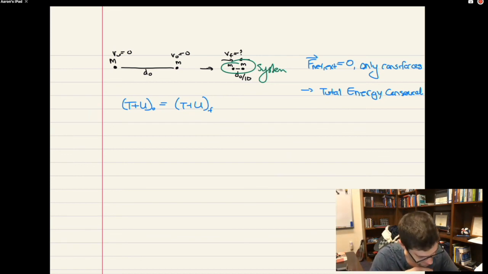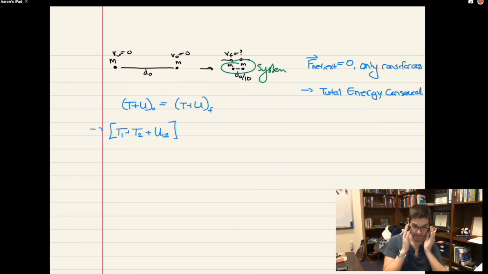What that actually means is, the original for the entire system was the kinetic energy of the left particle, the kinetic energy of the right particle, and then there's a potential energy between the two. They don't each have a potential energy because they are pulling on each other. So when we say the potential energy is negative G m m over r, that is a potential energy for a pair of objects that are pulling on one another.